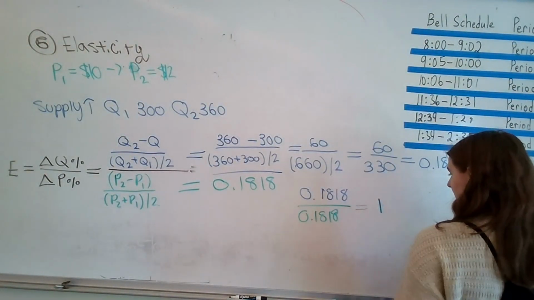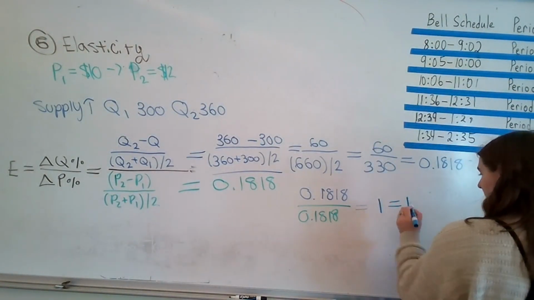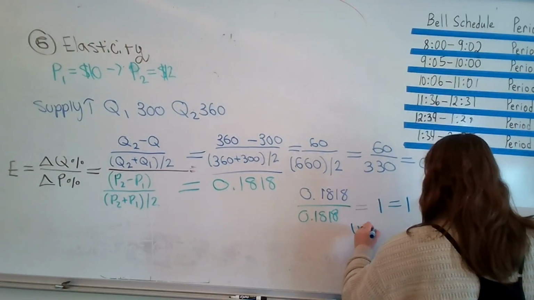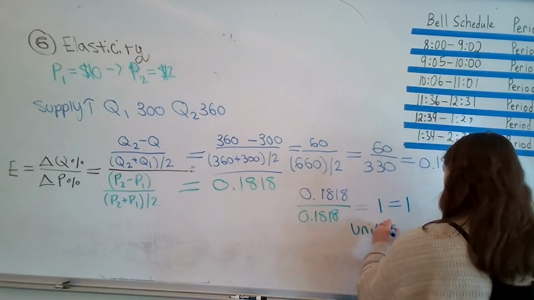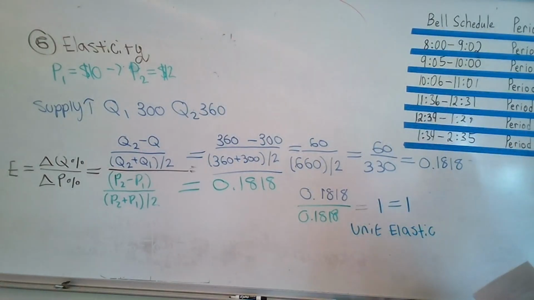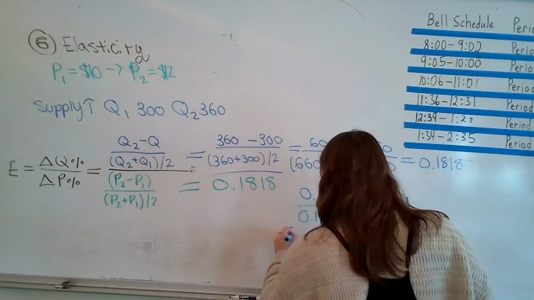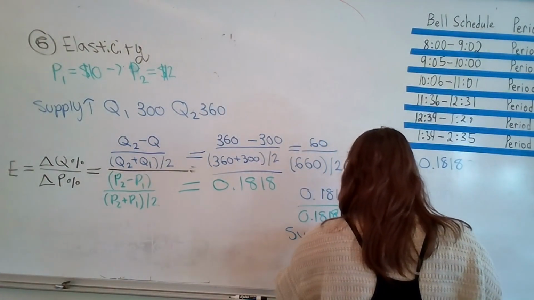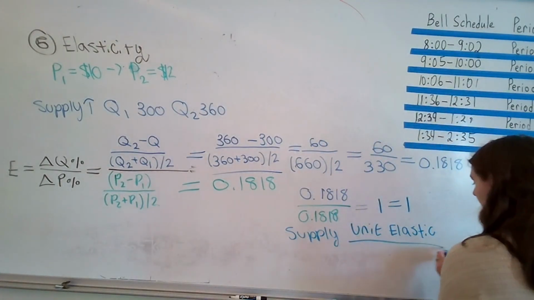That is a 1. A 1 is equal to 1, and we are unit elastic. So in this case, our supply is unit elastic.